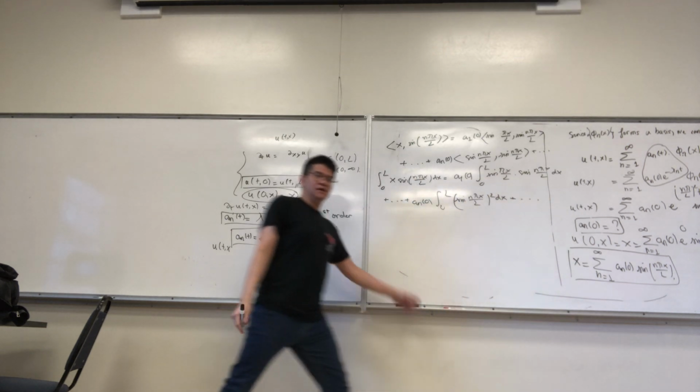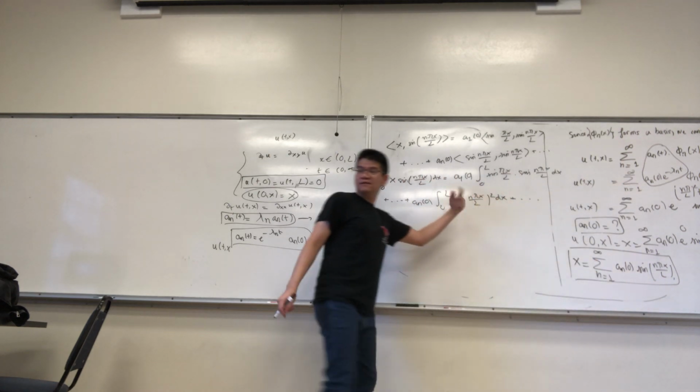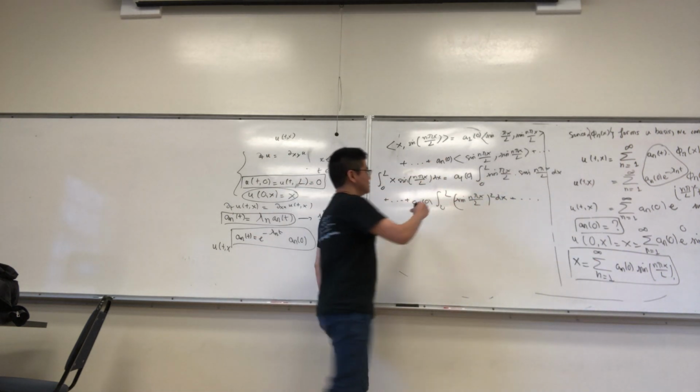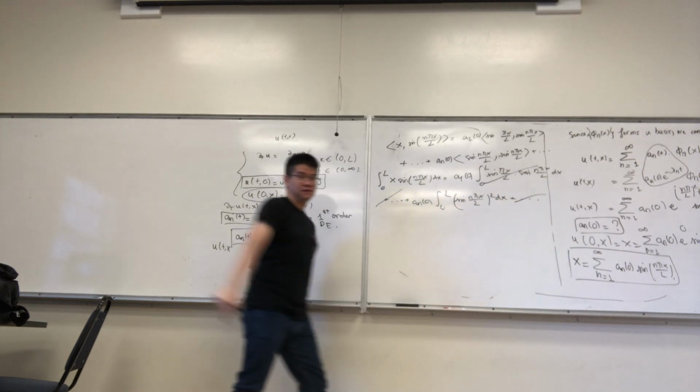Right? To compute a_n, I just have to inner product that with the sine. But you know that those functions are orthogonal, in the sense that this is 0, everything else is 0, except this guy.